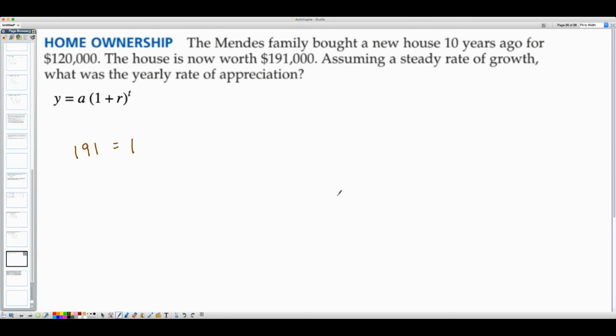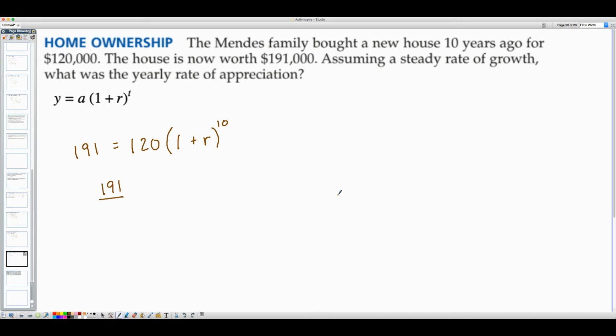So I have $191,000 is what it is today, and $120,000 is what it was before, and the growth is 1 plus some rate to the 10 years.